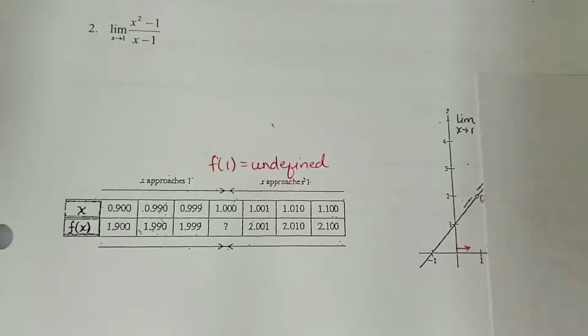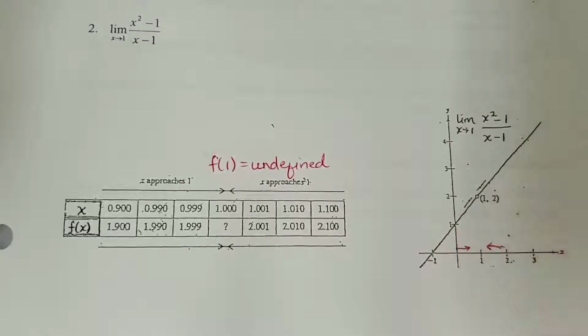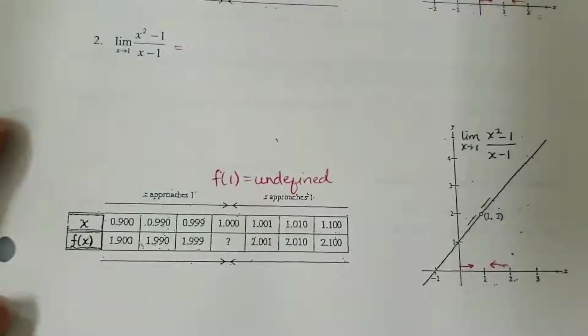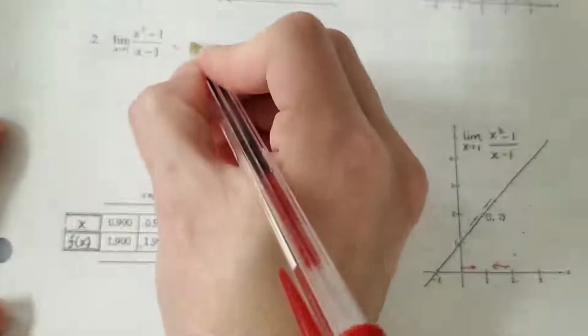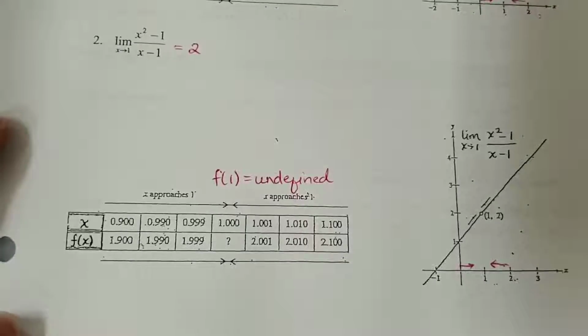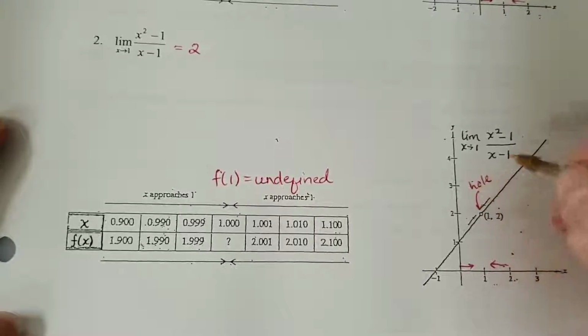We have the open circle there because the function is undefined at 1, but I can still tell what my intended height is. The intended height of that function is going to be 2. So the limit as x approaches 1 of x squared minus 1 over x minus 1 is going to be 2. Okay, so the thing that I want to note here, and let's mark here that this is a hole.